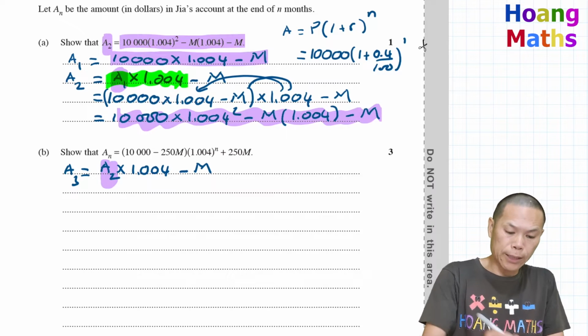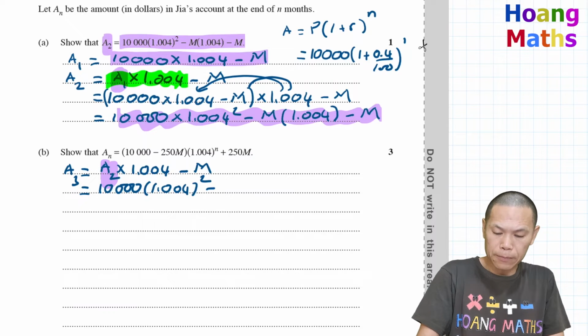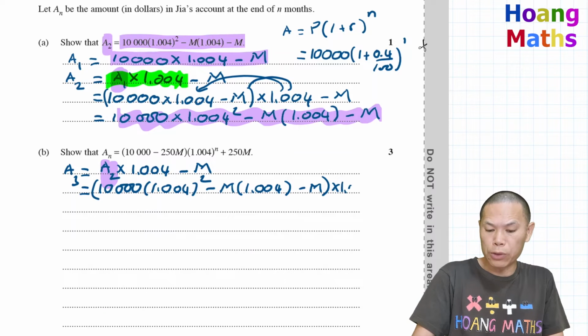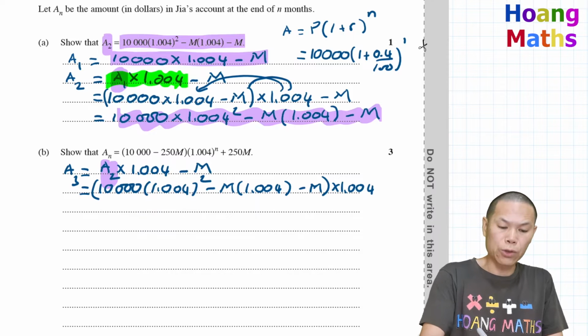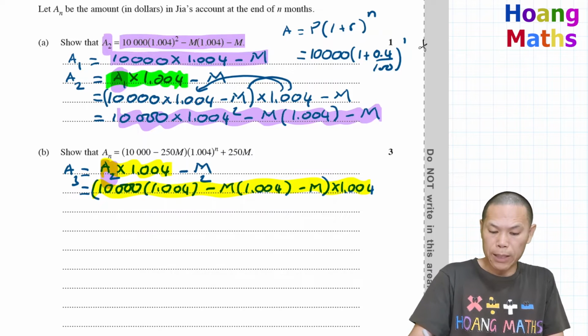So let me just write this down. So that will give me 10,000 times by 1.004 squared minus M times 1.004 and minus M, and we times by 1.004. So now this is done. And this is for this. Then we need to write down minus M.